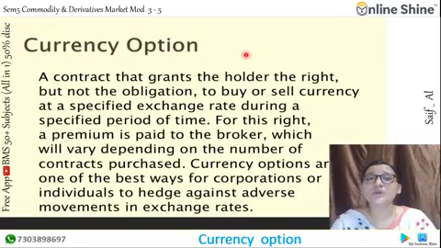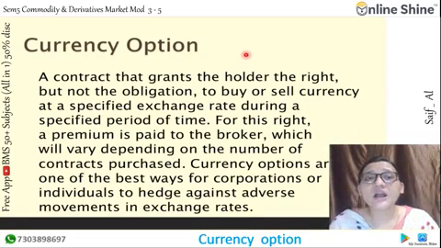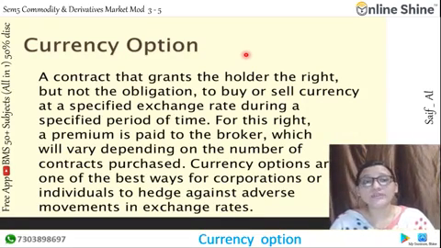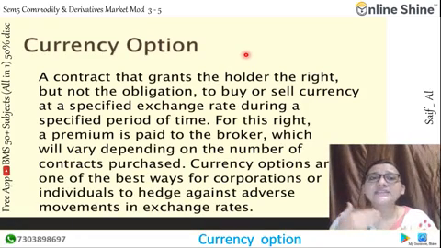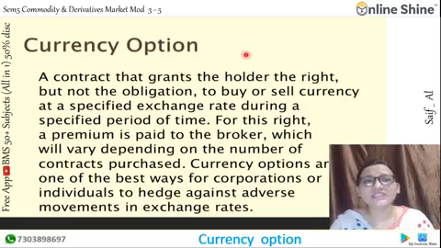Now the currency option, which is related to the currency exchange rate system. It is a contract that grants the holder the right but not the obligation to buy or sell a currency at a specified exchange rate during a specified period of time. For the right, a premium is paid to the broker.